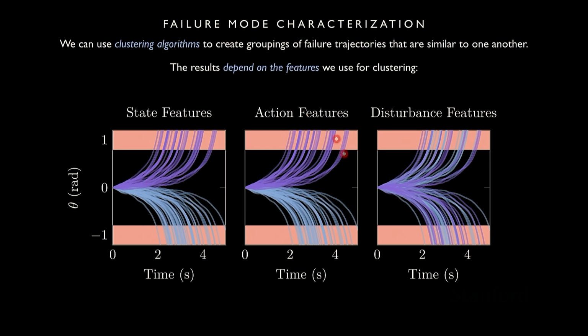We could also cluster over the action trajectories, so we can just take all the actions, stack them together, and cluster in that space. Or we could cluster over the disturbances. In this case, for the pendulum, clustering over the disturbances didn't result in something that was very interpretable to us. We just get a big mix of trajectories there. That doesn't mean much.